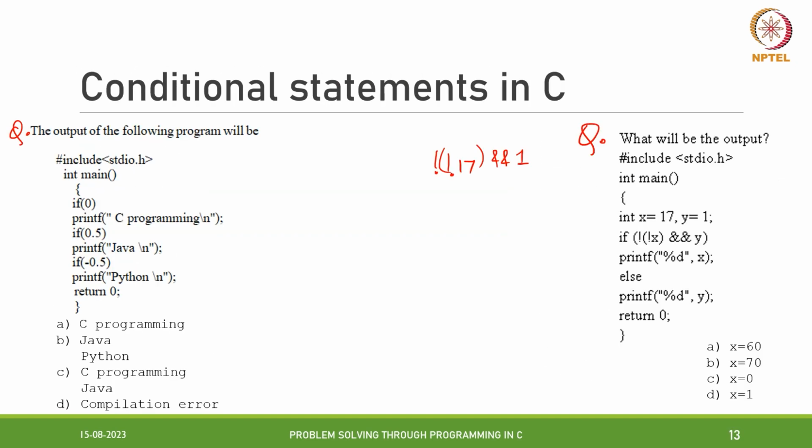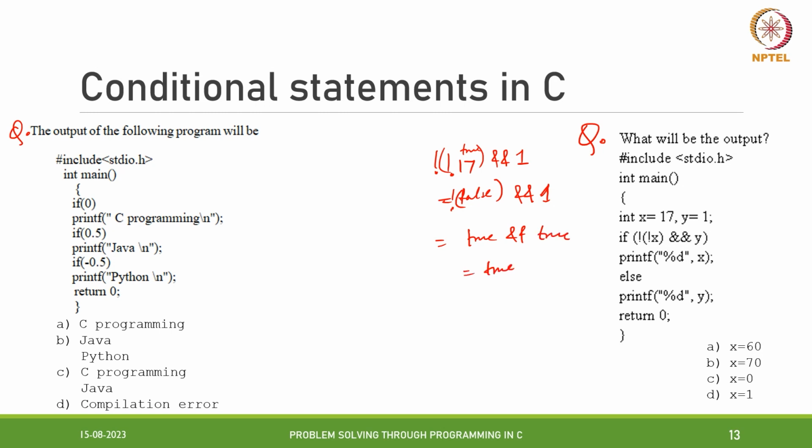Alright, so what happens here? You have not of 17. 17 means it's true. Not of 17 means it's false. Then you do another not of it. And then you do an and with 1. So not of false is true. And 1 is also true. So this is true.